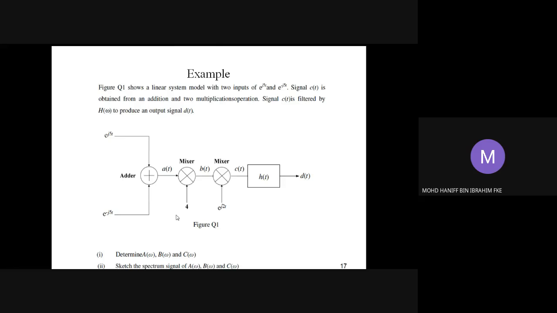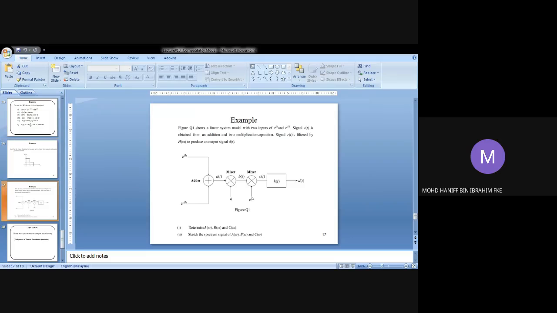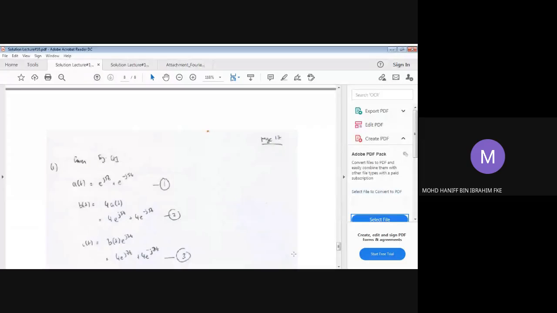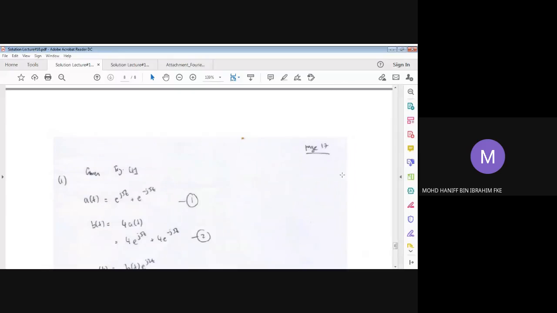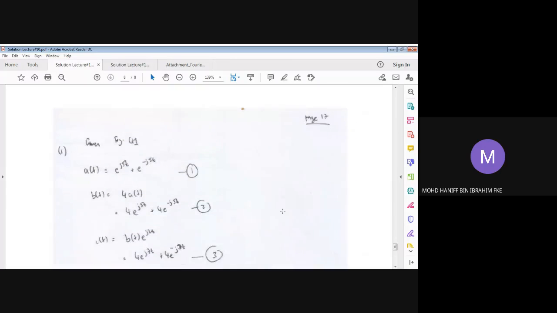Okay, so the solution for this example is here.